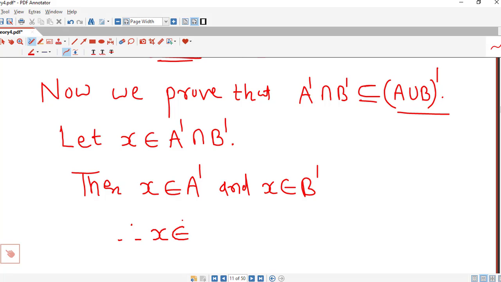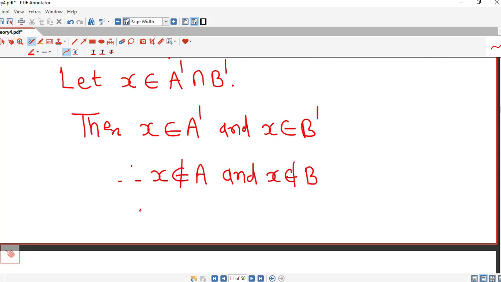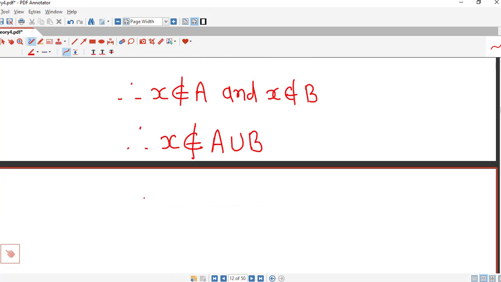Therefore X cannot be in A and X cannot be in B. Now if X is not present in A as well as in B, then X cannot be in the union of A and B. Therefore X must be in the complement of the union.